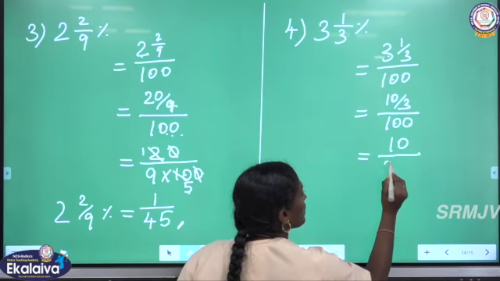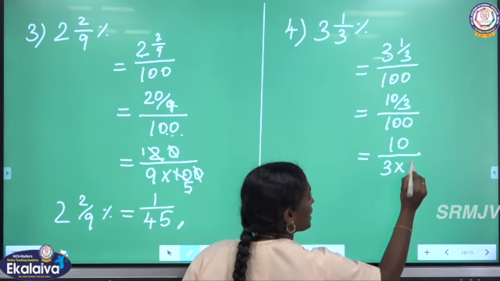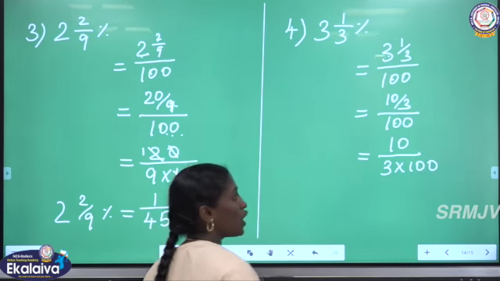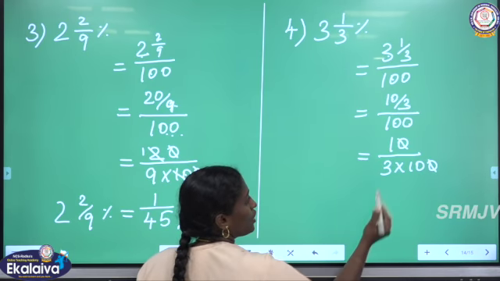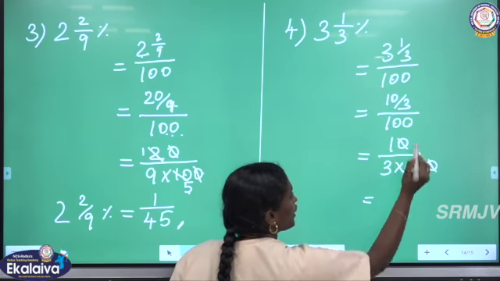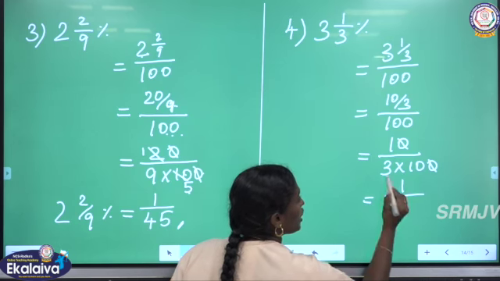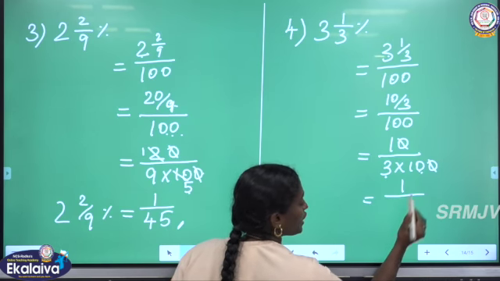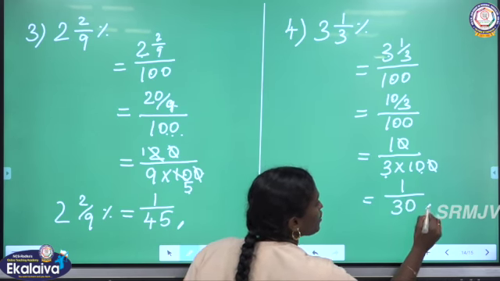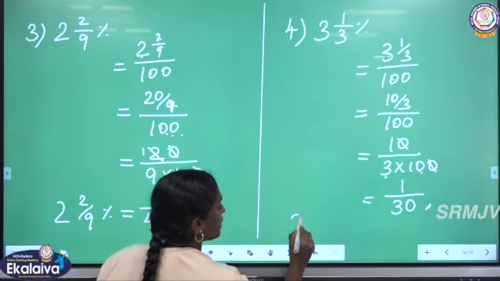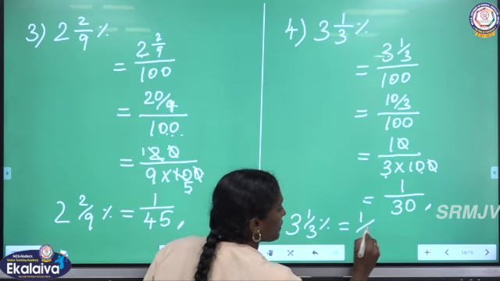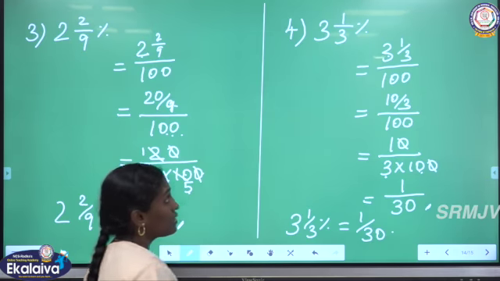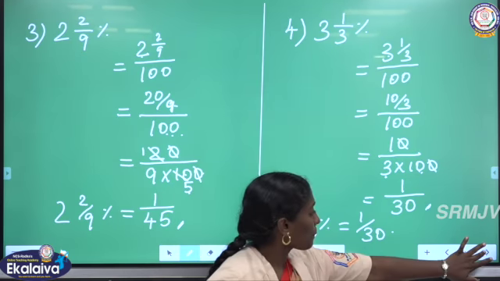Then in denominator first 3 into 100. Now we have to reduce the numbers. Here we can cut 10 10. No other possibilities. So in numerator 1. In denominator we have to multiply the numbers. 3 into 10, 30. So 1 by 30 is the fraction. 1 by 3 percentage. For this percentage, 1 by 3 is the fraction. Is it clear?